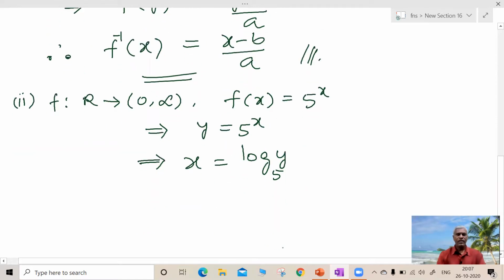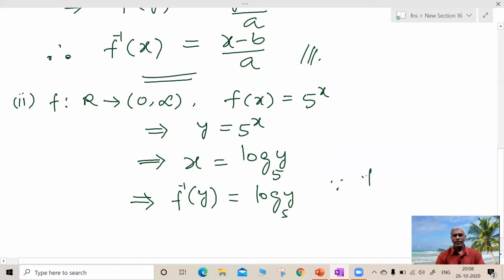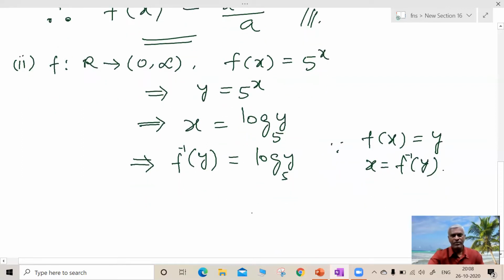So x is itself f inverse y. So this is the inverse function, since f of x is equal to y and x is equal to f inverse y. So generalizing this one, we get the inverse function.